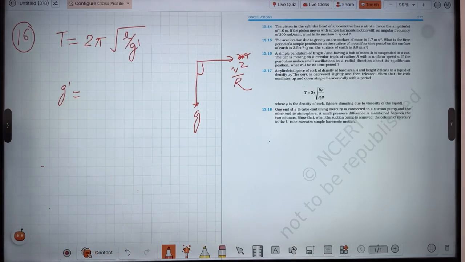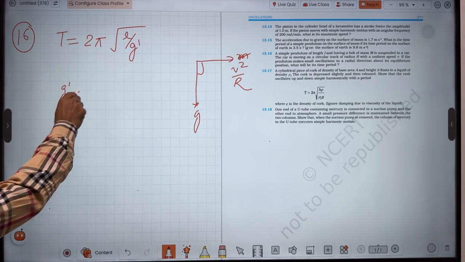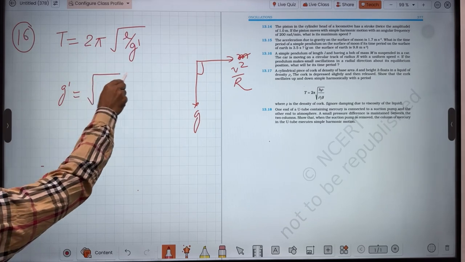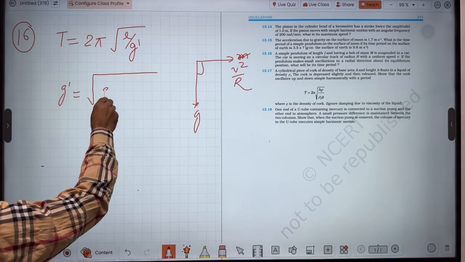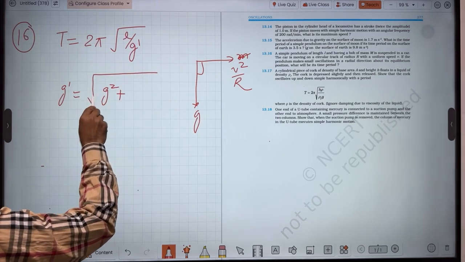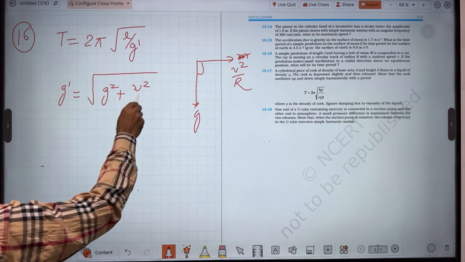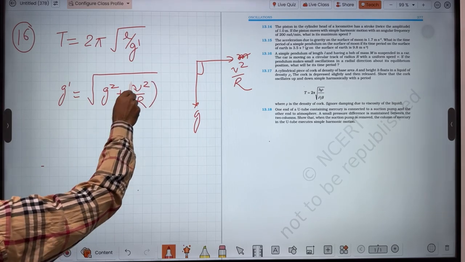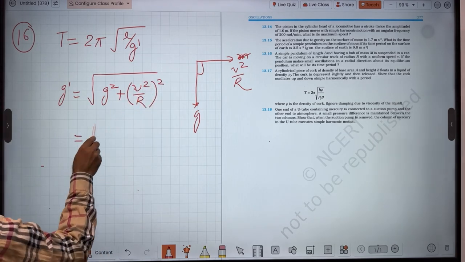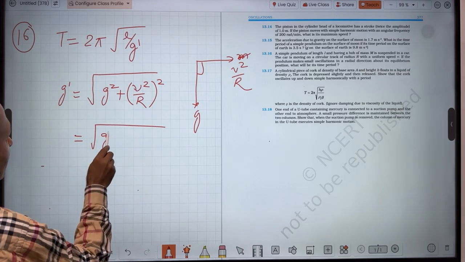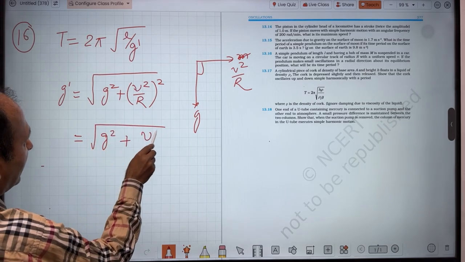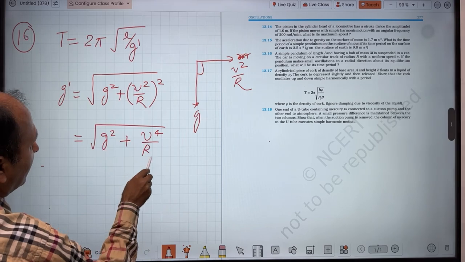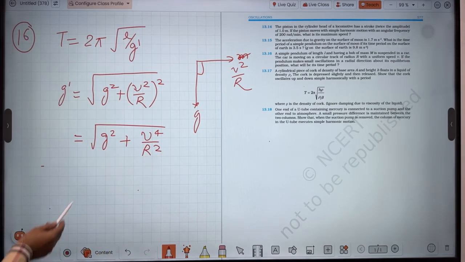So we can write its value. g dash will be square root of g square plus v square upon r whole square, or it will become g square plus v power 4 divided by r square. So we can put this value over here.